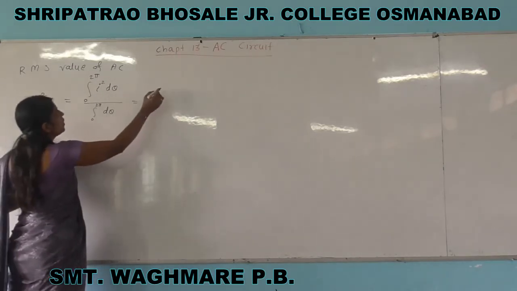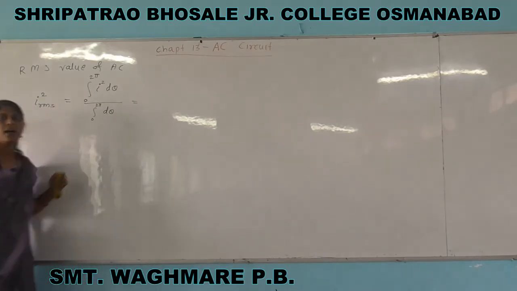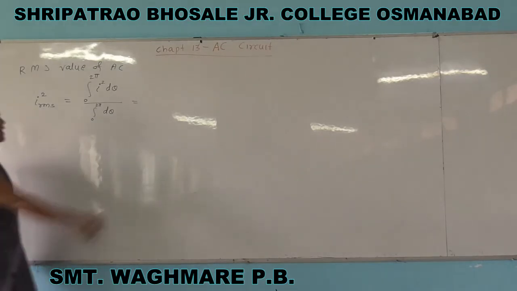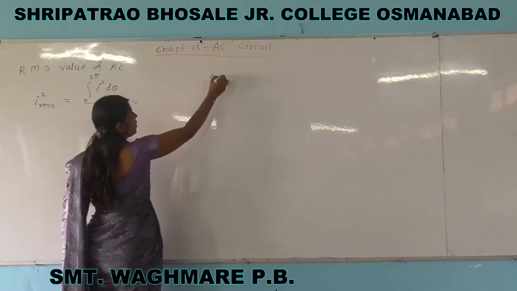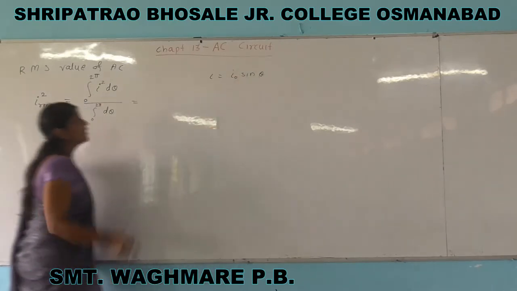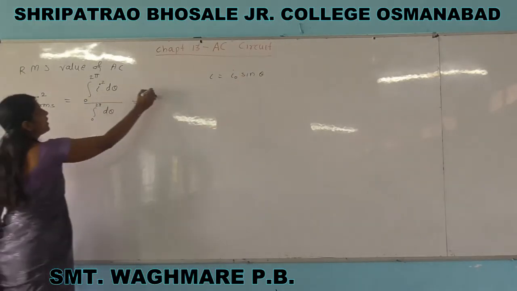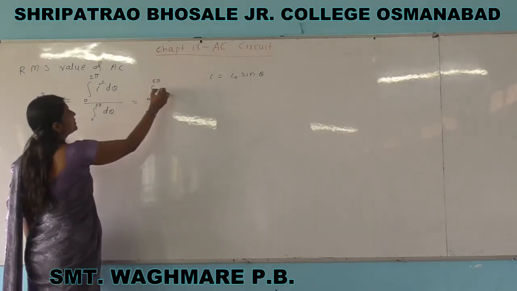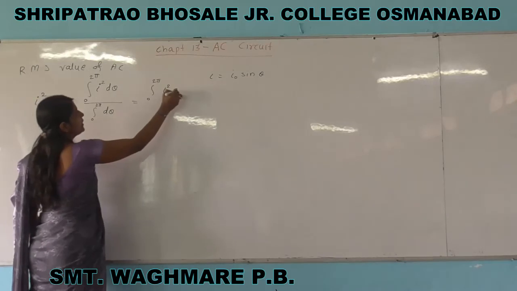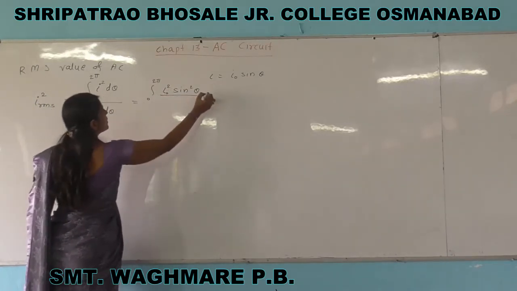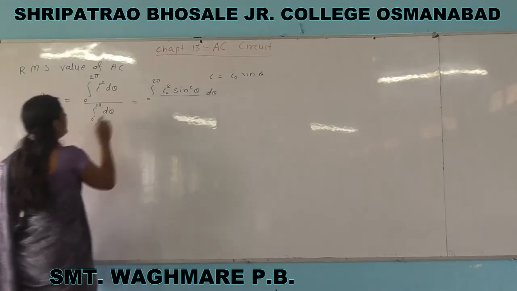Now we know that I is equal to I naught sin theta. We can use this equation here, and therefore from 0 to 2 pi, I naught square sin square theta into d theta.